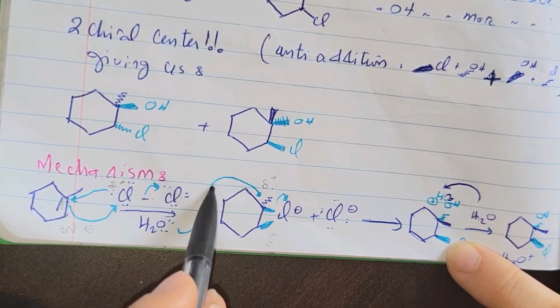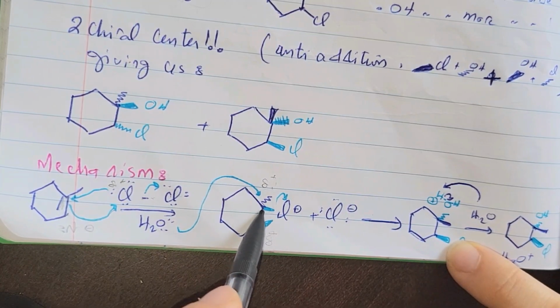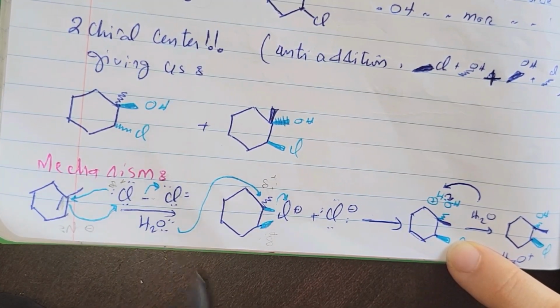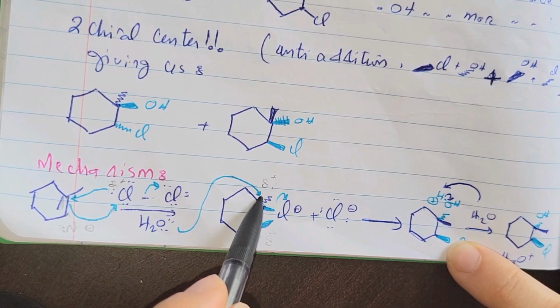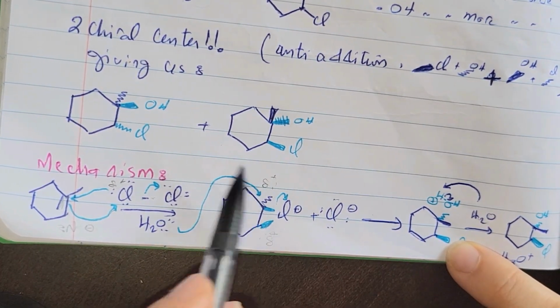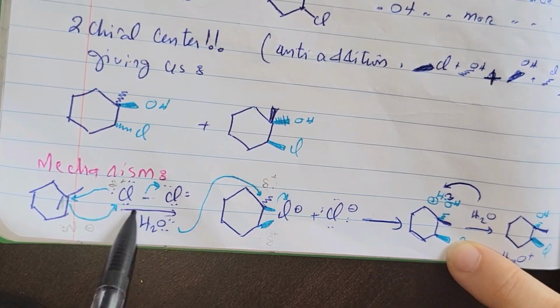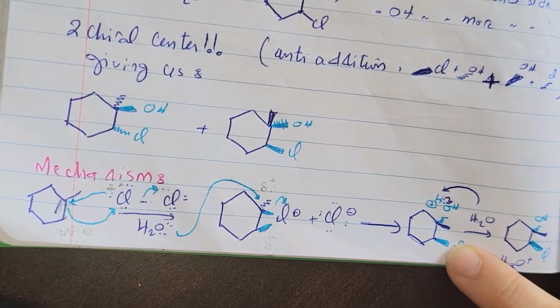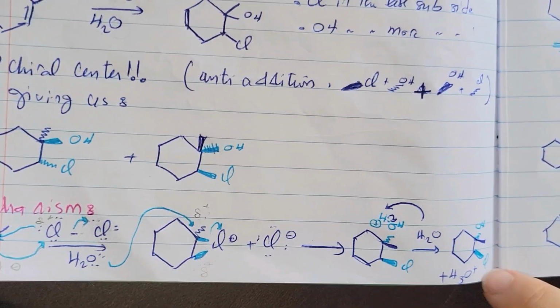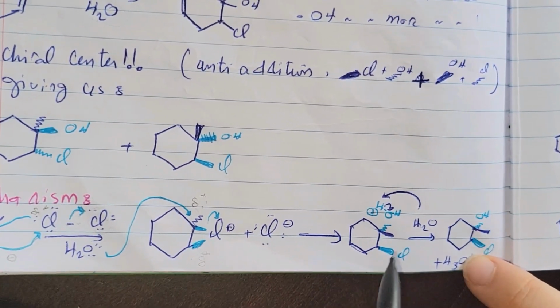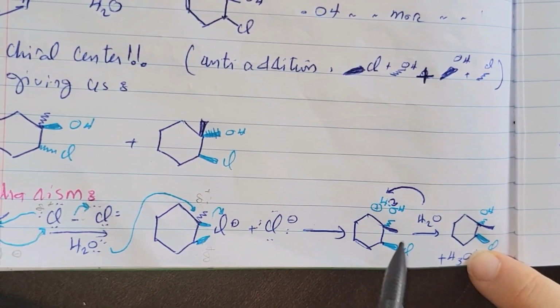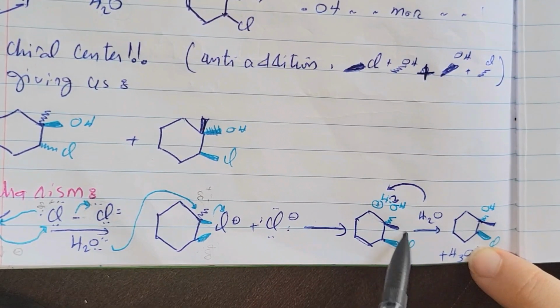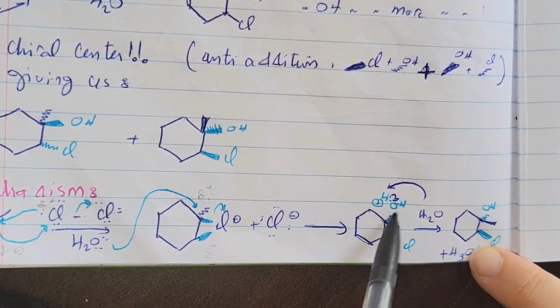But if it goes from this side, it is more accessible to the water molecule. So it's going to be linked to a water molecule, and this chlorine is going to leave. It's the leaving group. And here we will have a cyclohexane linked to two chlorine atoms and water.